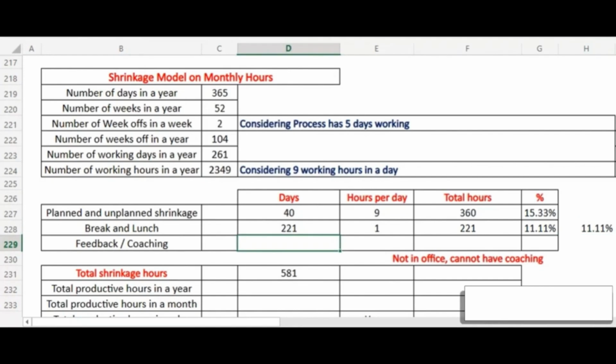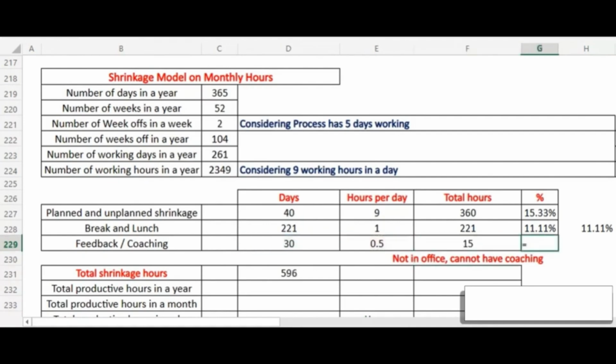I'm considering around 30 days of feedback and coaching, and hours per day would be 0.5. Total hours would be 30 multiplied by 0.5, that would be 15. And how can we calculate the percentage?